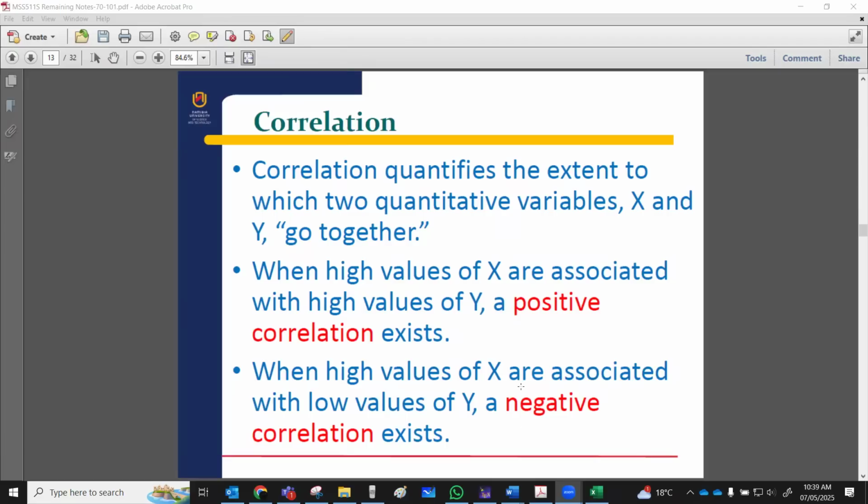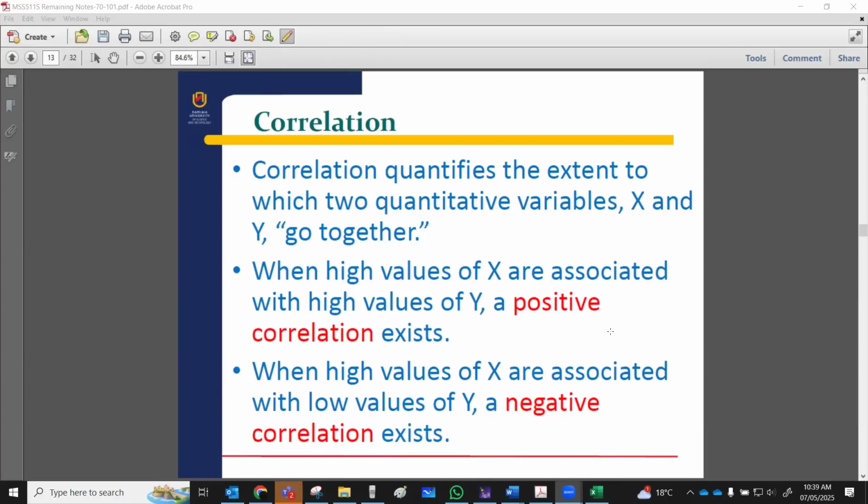Or if x has high values and y has low values, then there's a negative correlation. But sometimes it is possible that there is no correlation at all. So some things are related. So maybe things like unemployment and crime, the higher the unemployment, the more the crime. So those you would expect a positive correlation. And then negative.